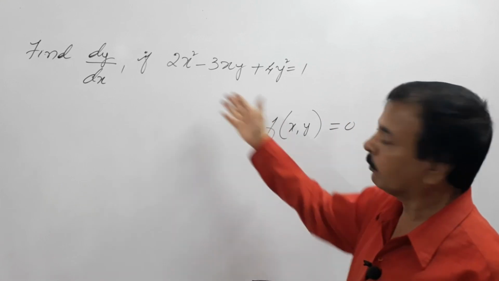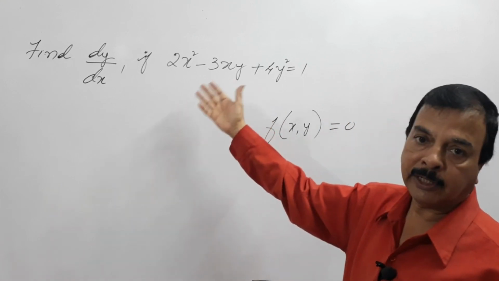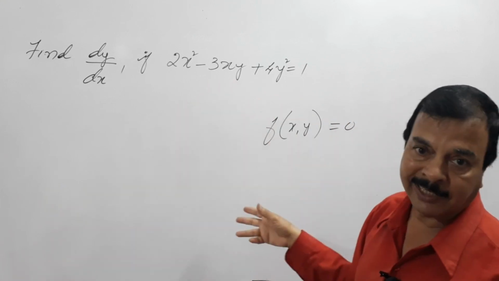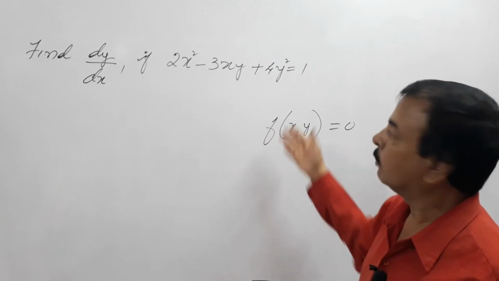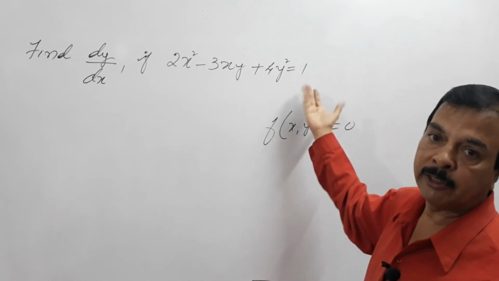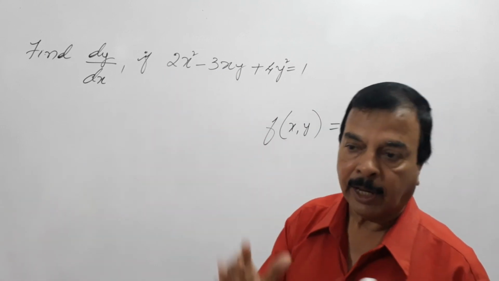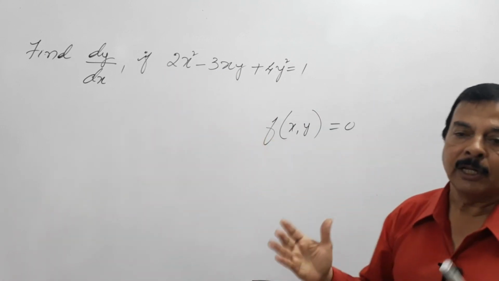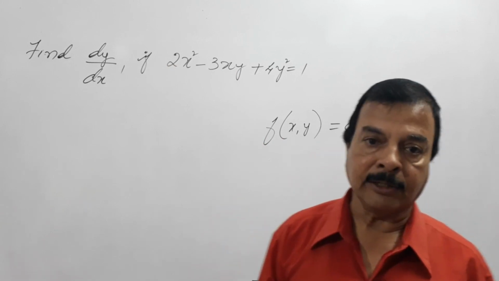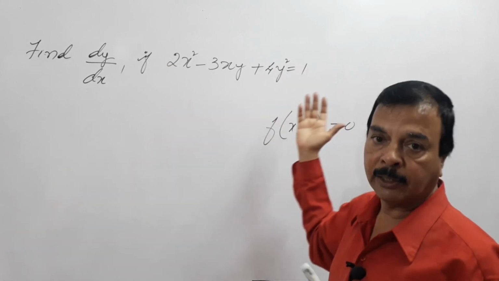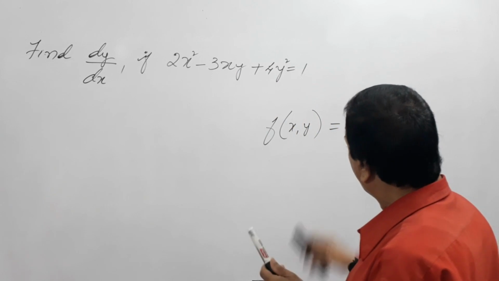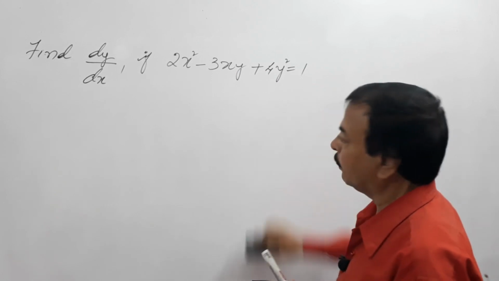It means you have to differentiate both x as well as y with respect to x and equate it to 0. The moment you differentiate this, on the right hand side take it as 0 and try to bring dy by dx on one side, the remaining portion on the other side. Let's see, and we'll work out this problem. If I do one problem, you'll understand.